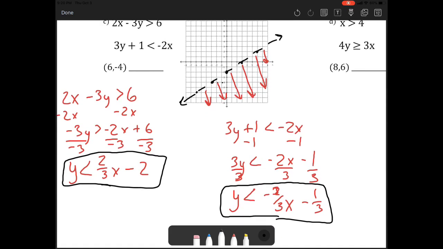Okay, so now I'm going to draw my next one. It starts at negative 1/3, so that's going to be about right here. Then I'm going to go a negative slope. So I'm going to go down 2 over 3, right here, down 2 over 3. And then I'm going to go up 2 over 3.